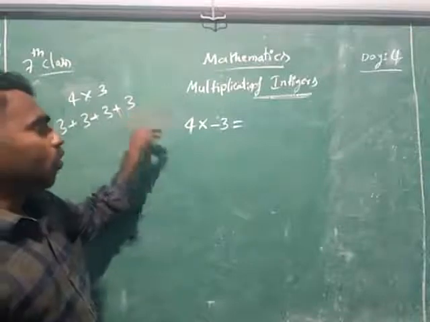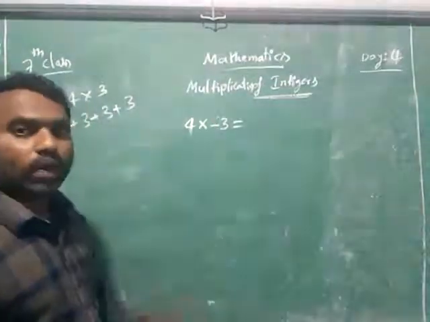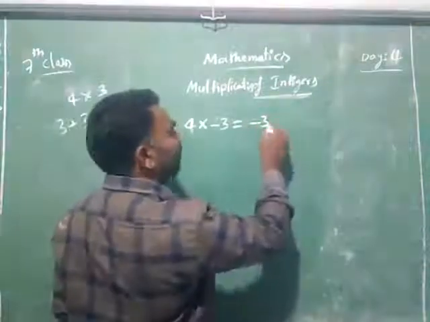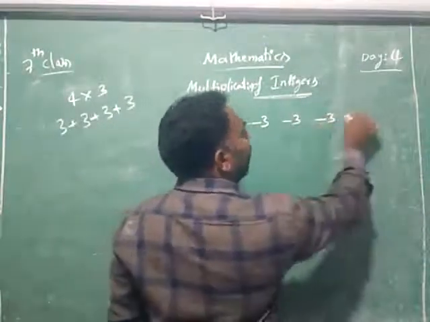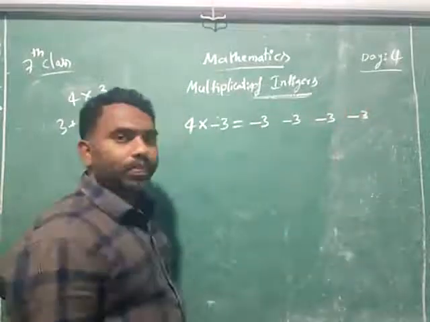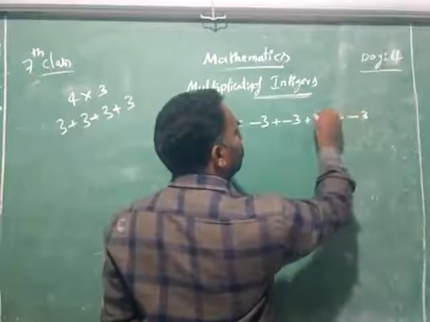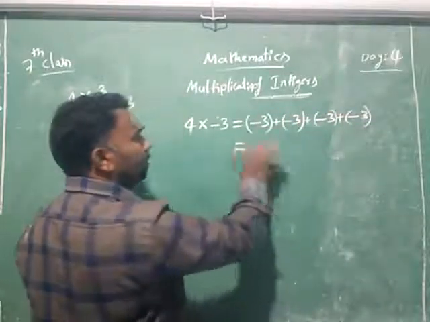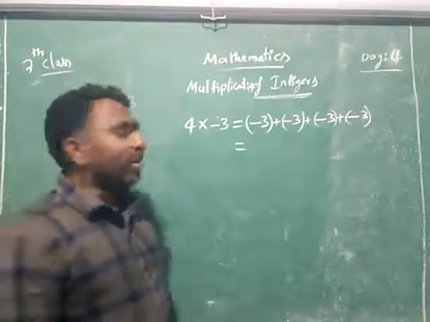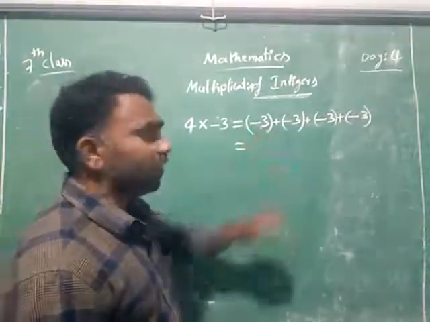Similarly here, what should we do? Take minus 3, 4 times. Minus 3 and minus 3 and minus 3 and minus 3. We need to add them. Yesterday in class I explained how to remove the brackets.